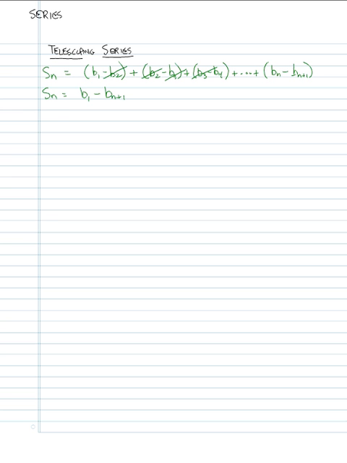And so the series converges provided that the limit of s sub n as n approaches infinity, which would be equal to b sub 1, is a fixed number, okay?